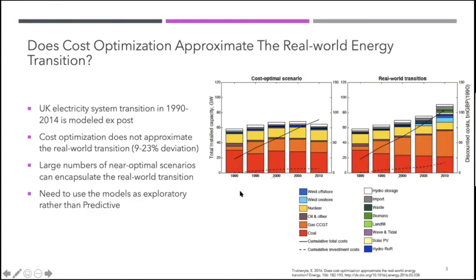So what this figure basically tells us is that what happens in the real world is not necessarily the cost optimal solution, right? So the black line here is the cumulative total system cost for the cost optimal solution, and the one here is for what the cost was in the real world. And if you look at the difference between those two costs, the real world solutions are usually around 10 to 20% more expensive than the cost optimal solutions.